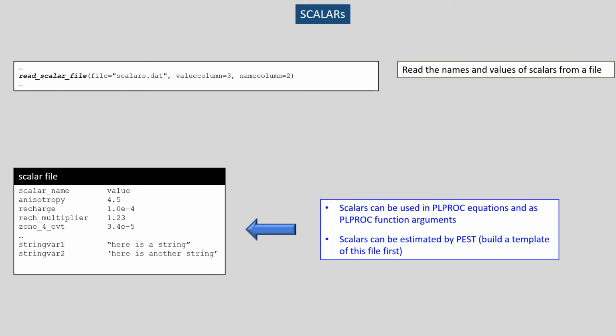In certain circumstances, it may be good to build a template file for a scalar so that PEST can estimate the values of these scalars during an inversion or uncertainty analysis process. This can affect the way that PLPROC functions are done, so that randomness associated with perhaps unknown aspects of a prior probability distribution can be incorporated into an inversion or uncertainty analysis process.